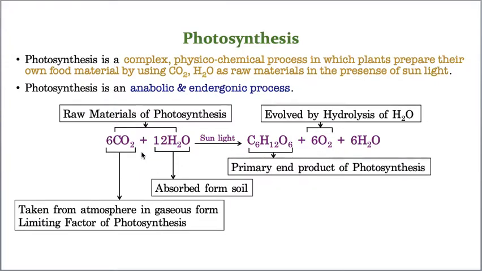In photosynthesis, carbon dioxide and water are small molecules, and these two small molecules, by utilizing sunlight as a source of energy, produce a large biomolecule. Am I correct or not? That means to form a big molecule, two small molecules are joining, reacting with each other. That's why it is called an anabolic process.